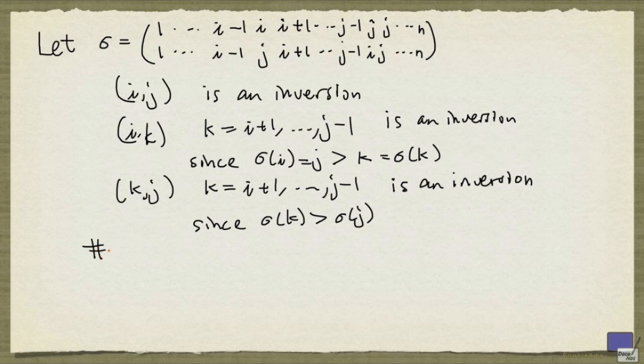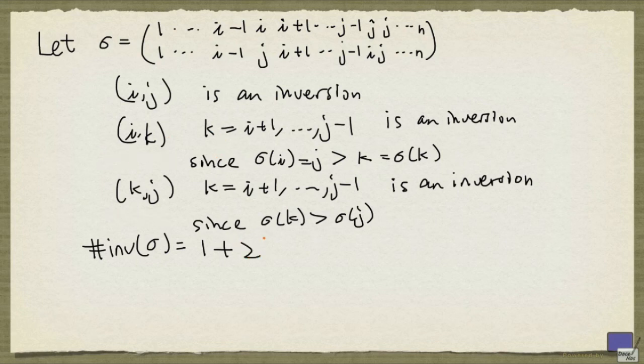And so what we can say about the total number of inversions of sigma is going to be, so (i, j) is an inversion, so there's 1 inversion. And then for each value k from i plus 1 to j minus 1, I get 2 inversions, one of this form and one of this form.